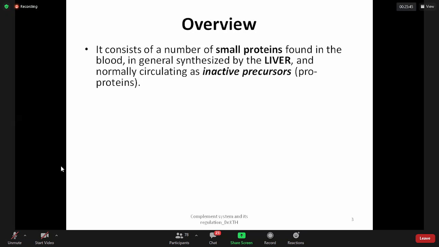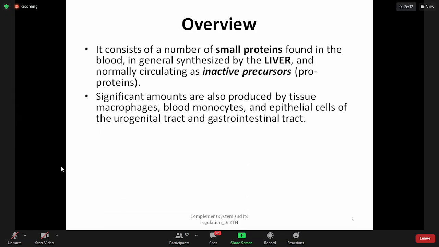So the moment you start to activate complement, you end up with a cascade of events which activates these proteins. But initially in blood, the complement proteins are found as inactive precursors. And that's important because the moment you're unable to keep them in their inactive form, then you end up with what we call complement-mediated lysis of cells.